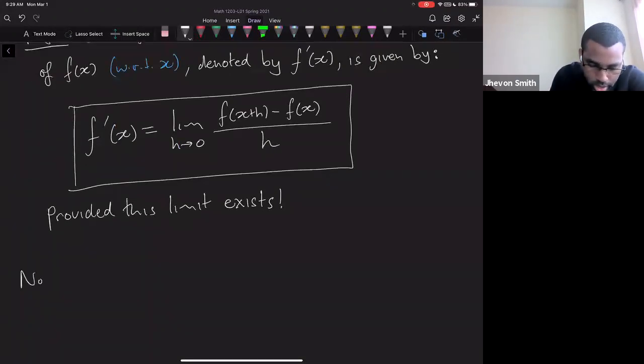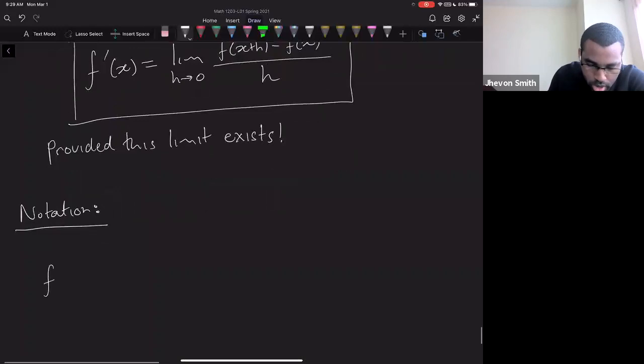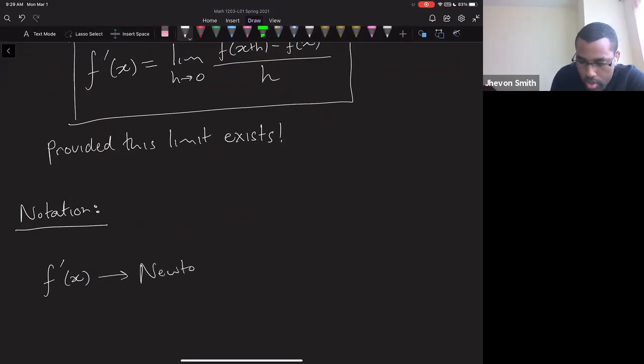So a word on notation here. F prime, as it's called, is Newton's prime notation.